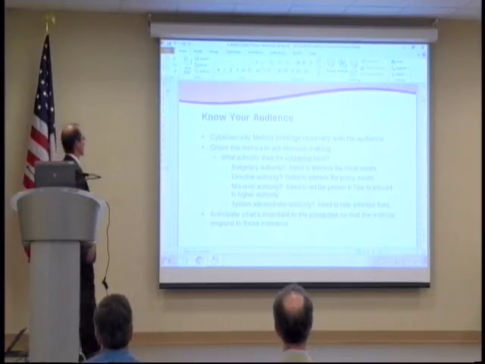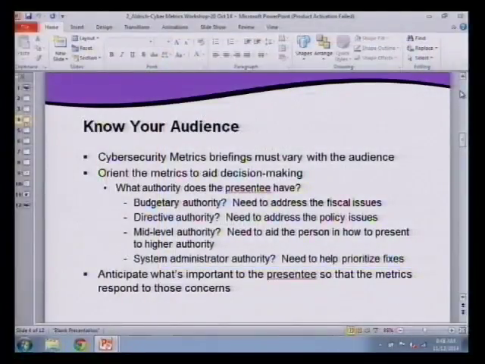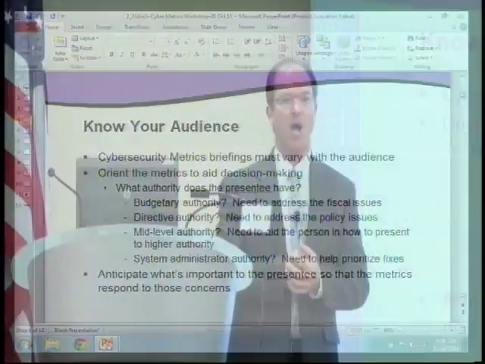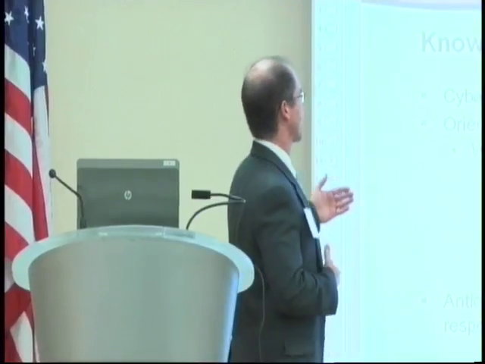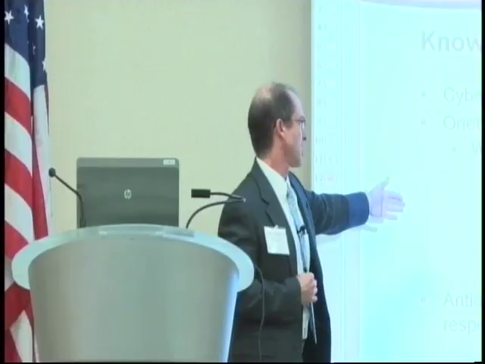Know your audience. Again, budgetary authority, if that's what their goal is, and increasingly if we're presenting to, for instance, CAPE, we're trying to get more money for a DoD cybersecurity project, then we need to be able to justify it on a budgetary basis. If someone's saying, look, I want to fix this problem, and their primary authority is in policy making, then we need to figure out how they can use their directive authority to make the change.